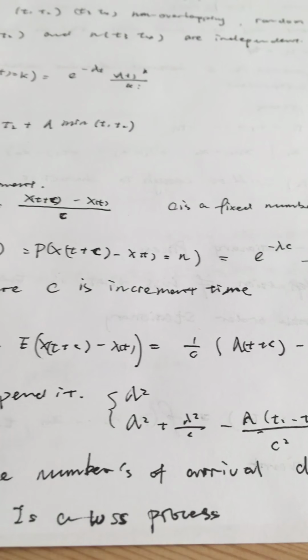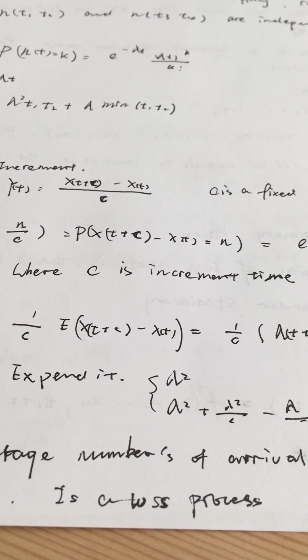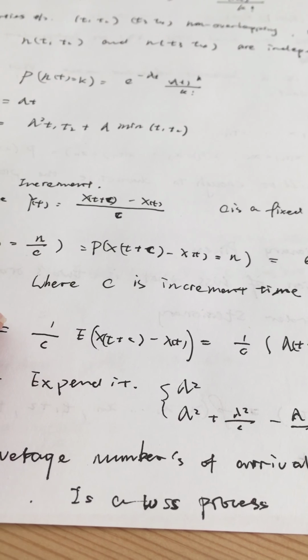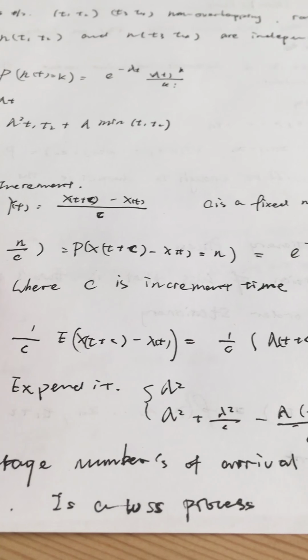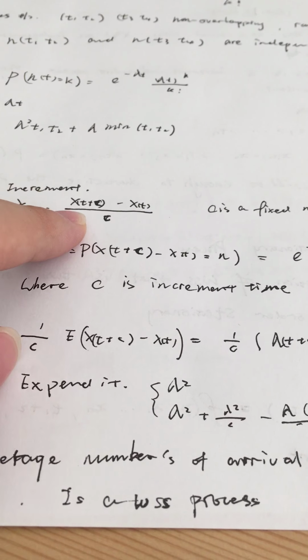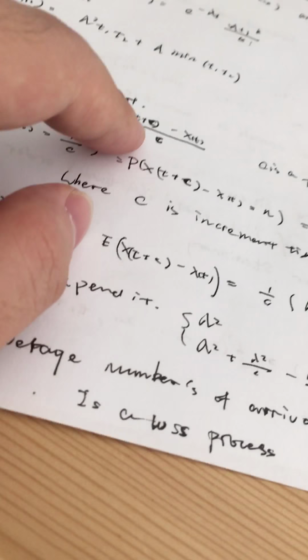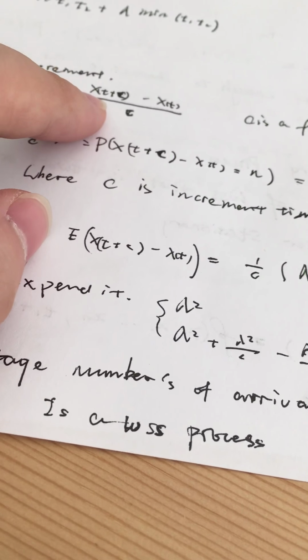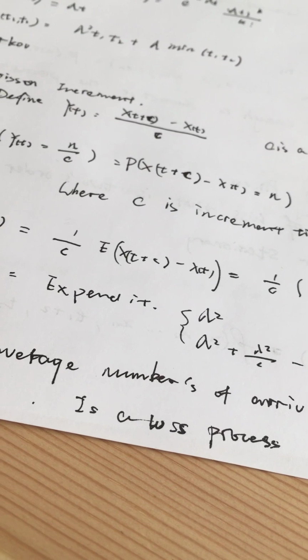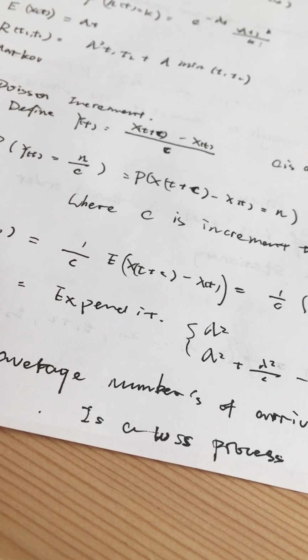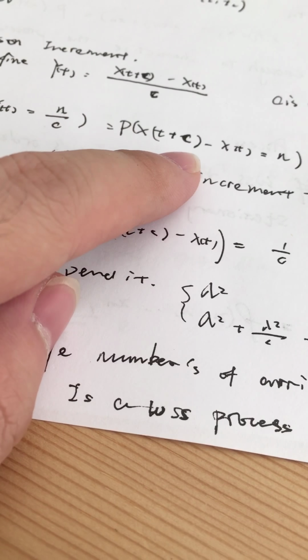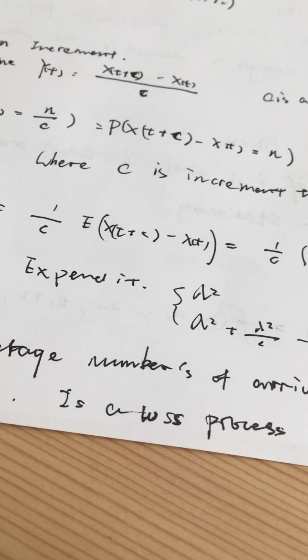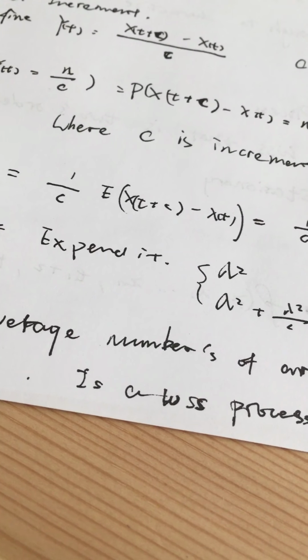It is a small increment in time, and we differentiate, giving a Poisson increment. This time we can write the probability mass function: Y equals n over c, which is the number of events in the interval t to t plus c being equal to n, which gives us the Poisson parameter lambda c, because the interval length is c, where before the length was tau.